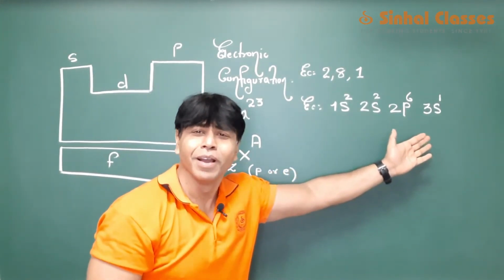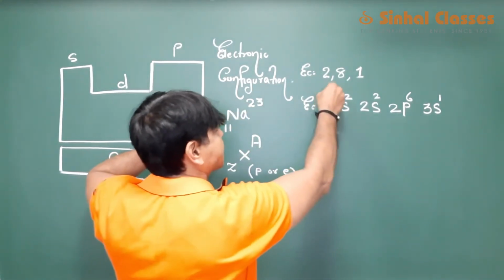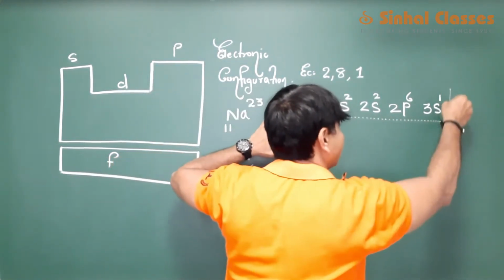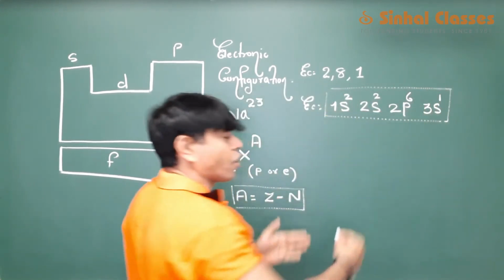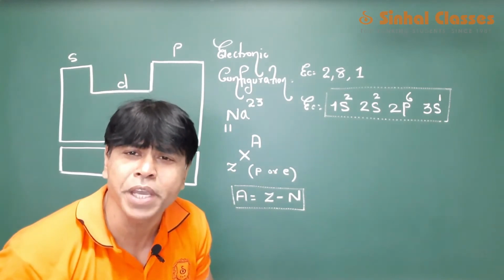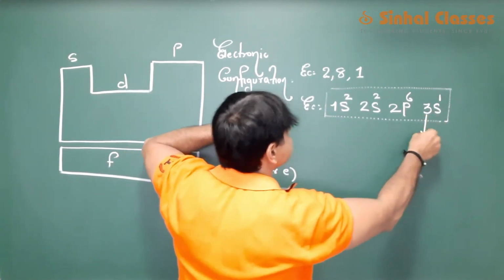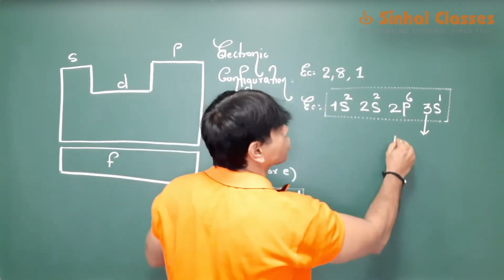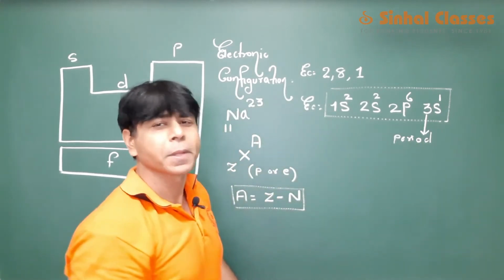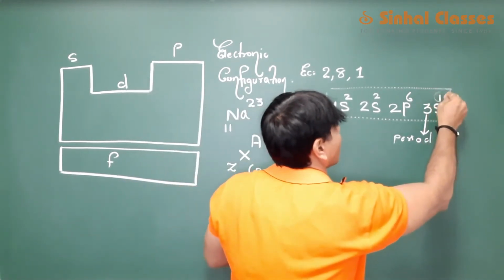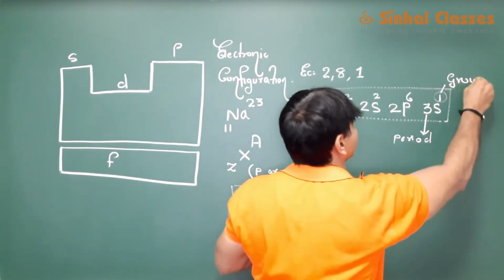What is this that I have written on the board? This is the way you write the electronic configuration at the higher level. After writing this, what does it convey to me? Looking at this, I can say this element sodium belongs to the 3rd period. So the number indicates the period and the superscript indicates which group it belongs to.